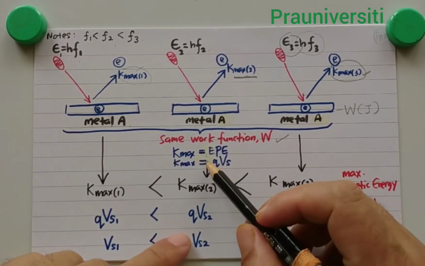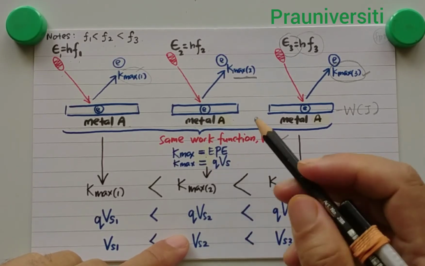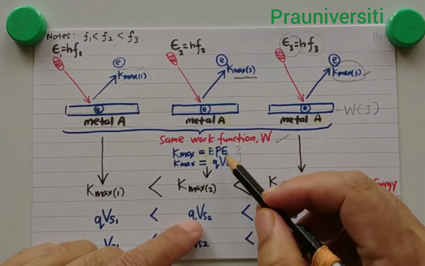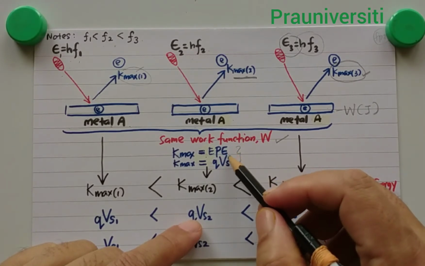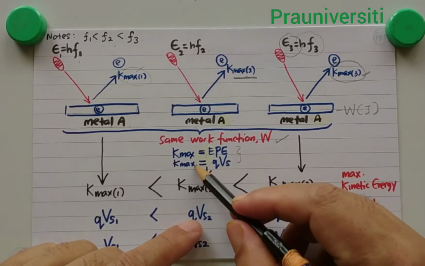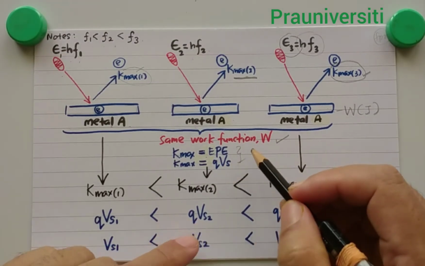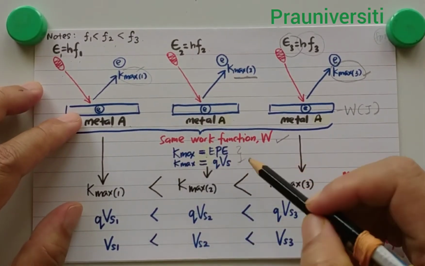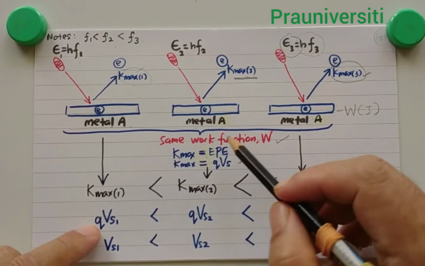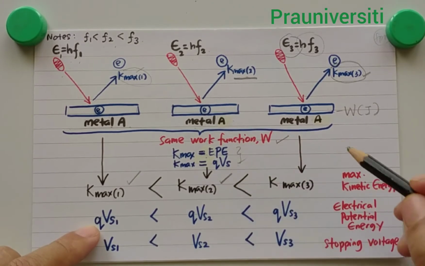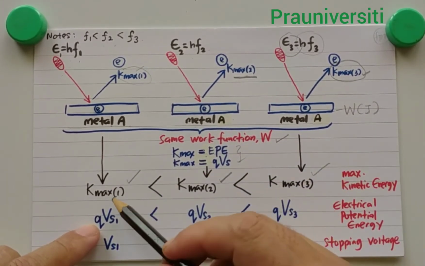Just to mention here, the maximum kinetic energy is equal to the electrical potential energy, so the maximum kinetic energy can also be calculated by eVs. We have Kmax1, Kmax2, and Kmax3.